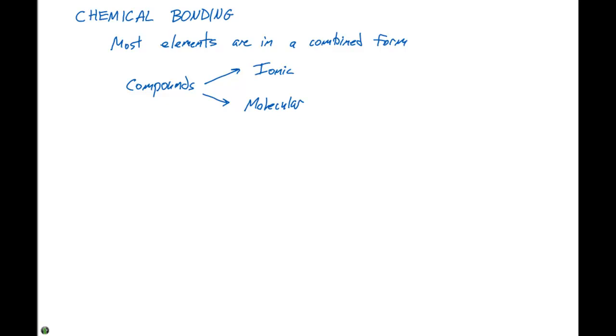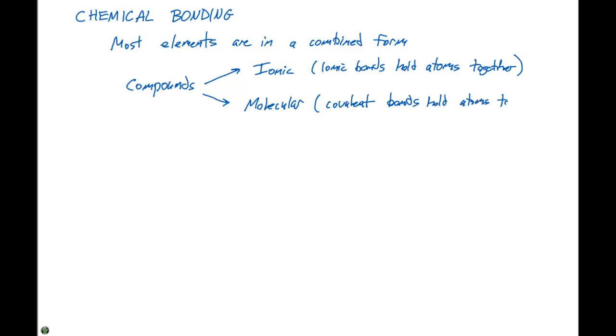In ionic compounds, ionic bonds hold the atoms together. Whereas in molecular compounds, covalent bonds hold the atoms together.